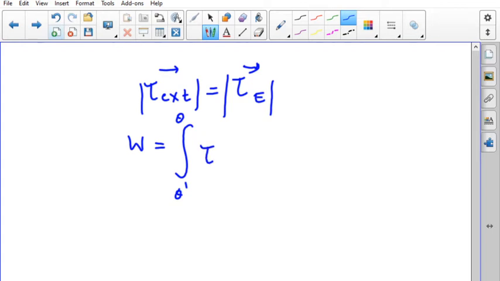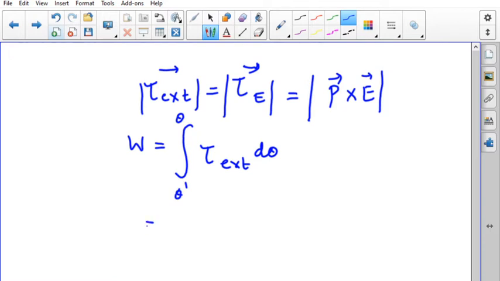So it is the integral of tau external d theta, and we have learnt in the previous section that tau due to the electric field is the modulus of P vector cross E vector.